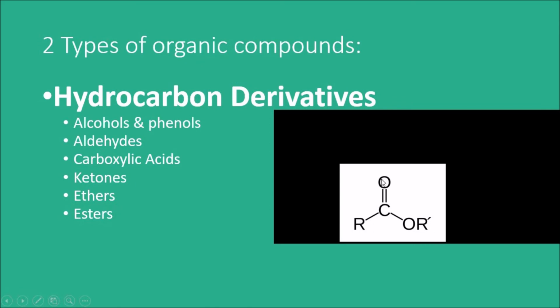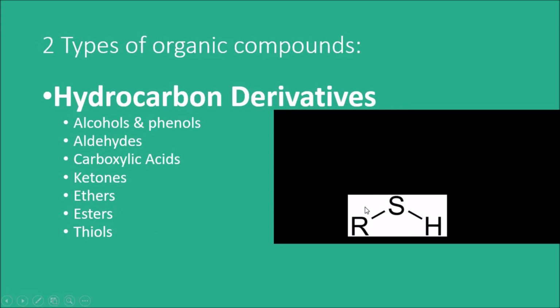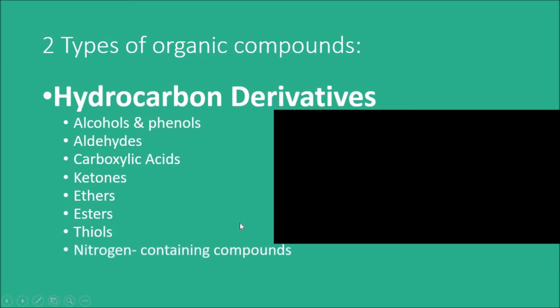So this functional group, oxygen double bonded to carbon and oxygen bonded to an alkyl or aryl group, makes up esters. Now we also have thiols, which are aryl or alkyl groups bonded to sulfur and hydrogen. We also have nitrogen containing compounds.